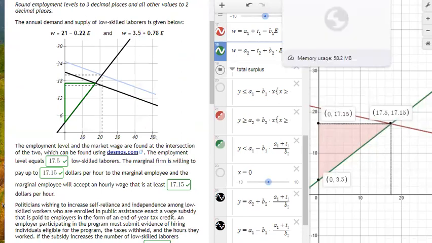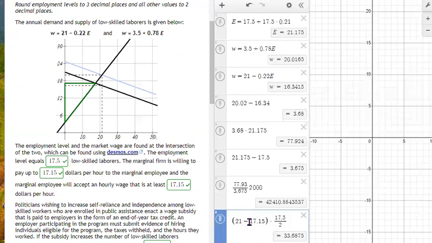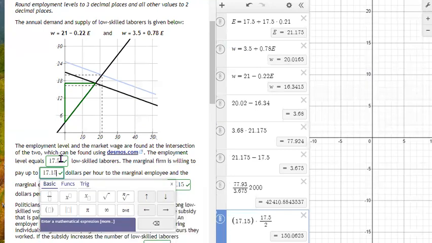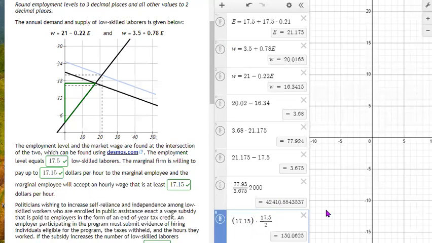So let's go back over here to Desmos. From that market wage, right? Here's our triangle here, right? Our market wage is initially 17.15. And we go down here to the intercept, which is 3.5, right? So I'm going to take 17.15 and subtract off the intercept in my model, 3.5. That's this value right here, right?